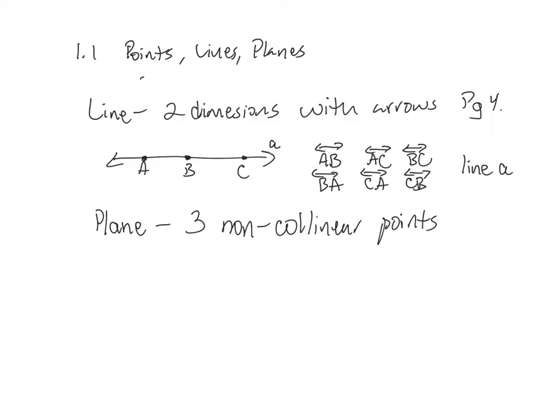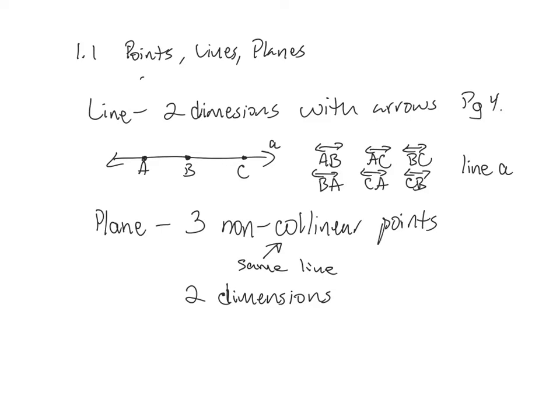So collinear would mean same line. So a plane is 3 points that are not on the same line. And it has 2 dimensions. So it's like a wall or a floor, a piece of paper, something that doesn't have depth to it. It just has length and width to it.